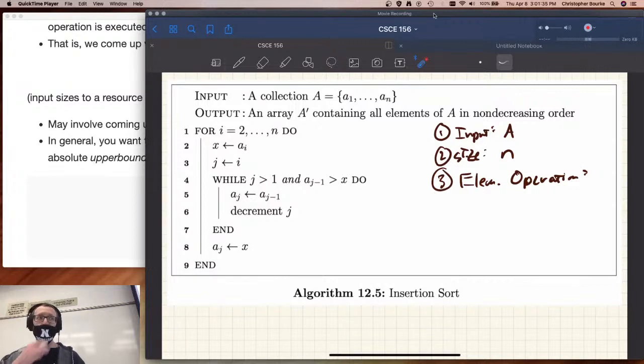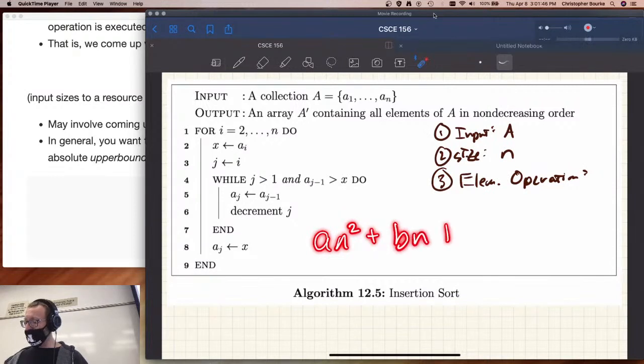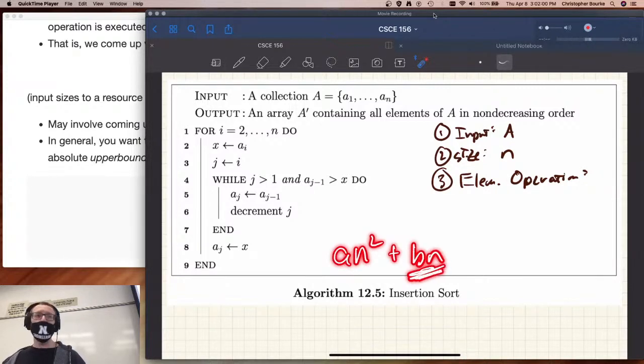So if you want to come up with a more complex formula where you've got, say, a n squared plus b n plus c, and come up completely with all of these coefficients, be my guest. But you'll find out that if we have something like this, a n squared plus b n, does this really matter in the context of this one over here? Absolutely not. So let's ignore those as well.